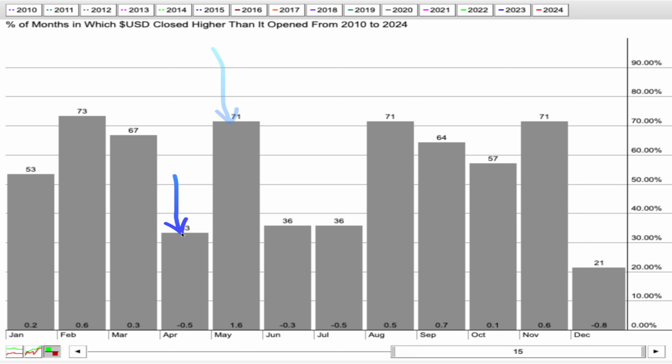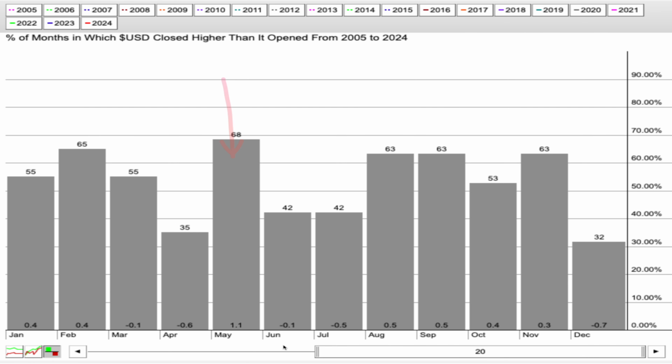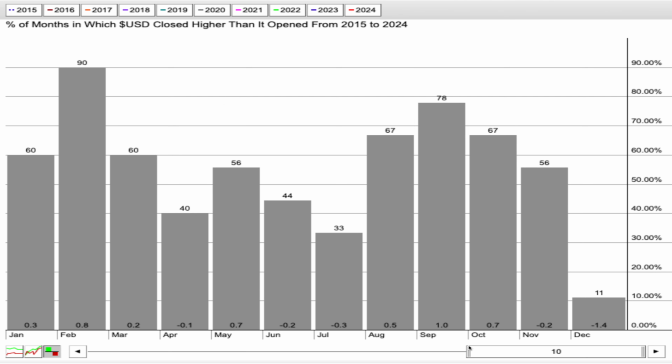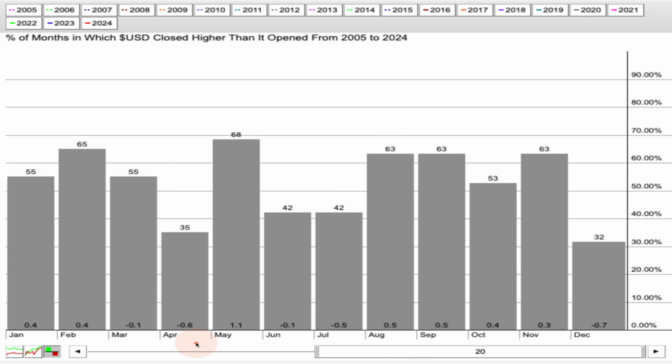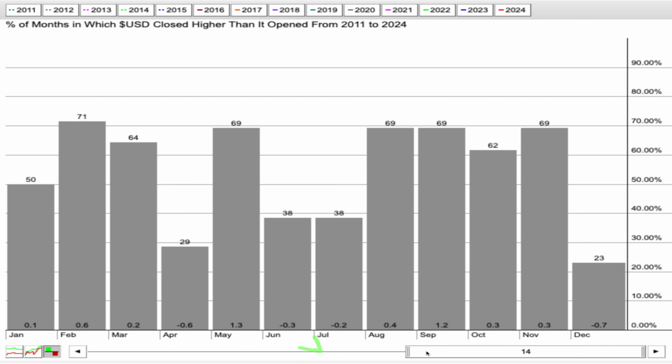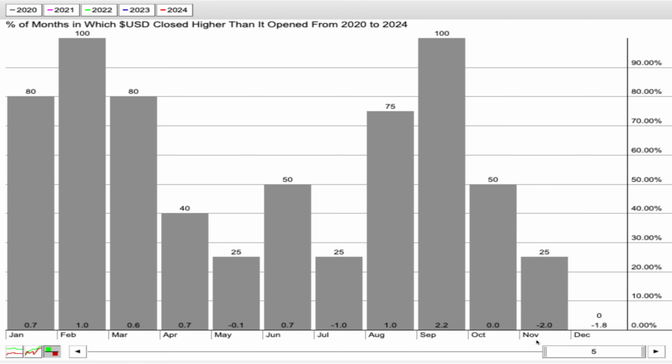It looks like April pulls in on the 10-year or 15, and then May gets a bump, and then June, July back to weakness. And then lastly, the 20-year. So it looks like from the 20 all the way to the 10, May gets a little bump, but April, June, and July are kind of weak, depending on the time frame.